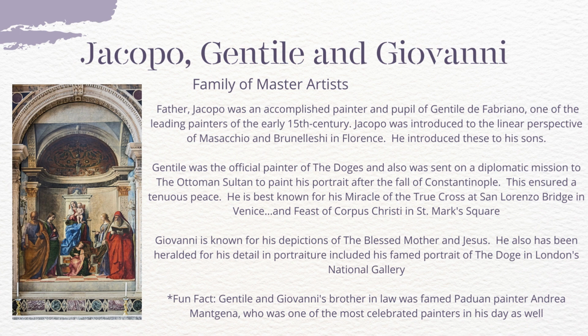And the Sultan at the time, Mehmet, who had taken over, loved Venetian art. He loved Venice, and he wanted to make that connection. So he asked to have his portrait painted by a Venetian artist because he knew they were the best. And the Doge sent Gentile to go over there.